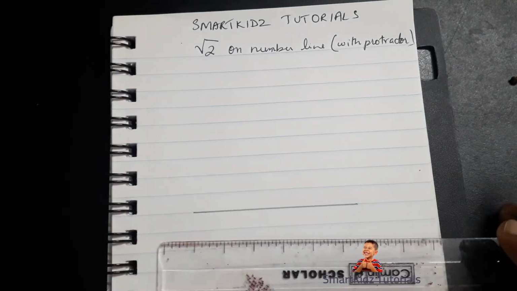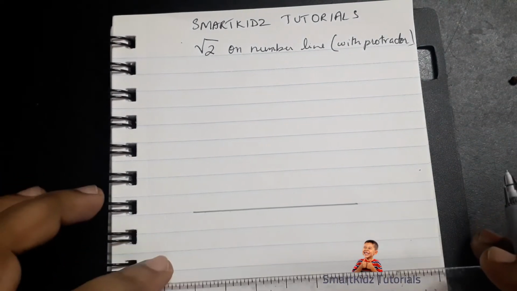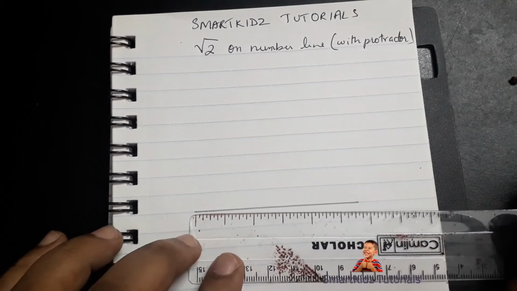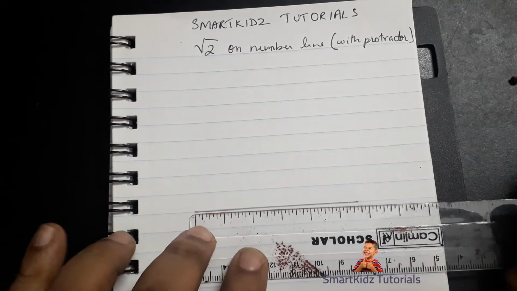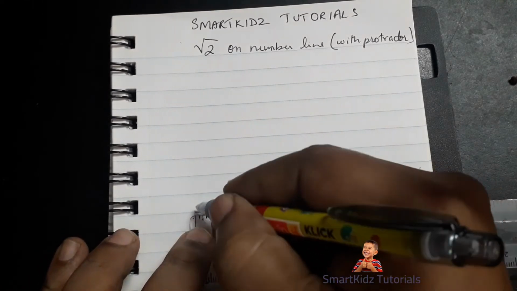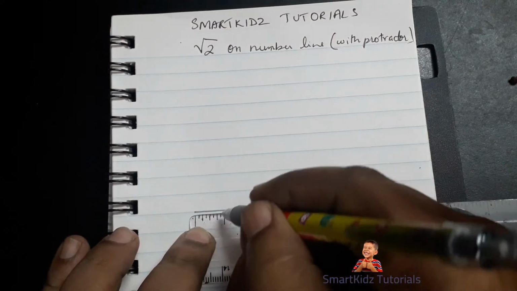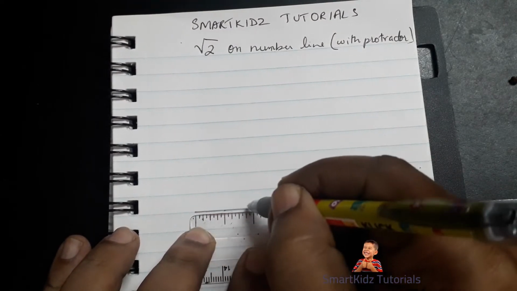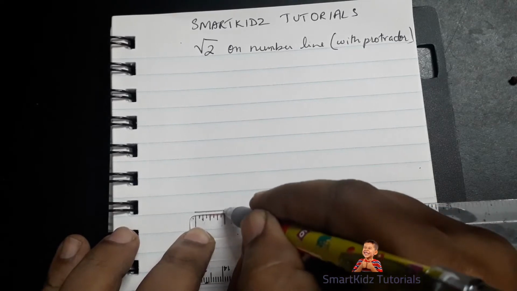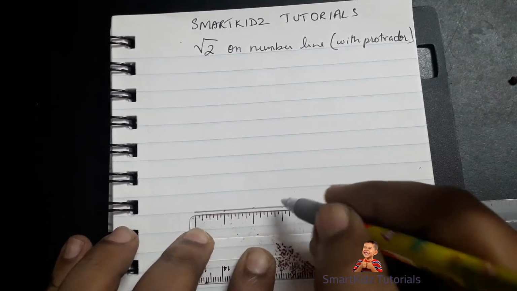Here you go. So I've drawn a line, and then from here I will mark these points. I'll take this as 0, then I'll take this as 1, and I'll take this as 2.